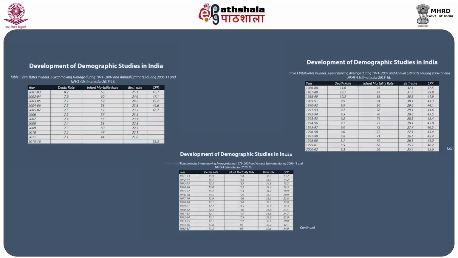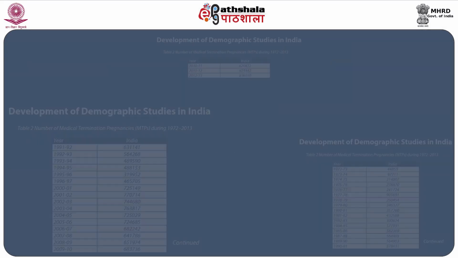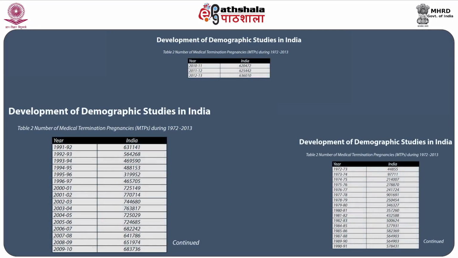Table 1 depicts various vital rates in India, 3-year moving average during 1971 to 2007 and annual estimates during 2006 to 2011 and NFHS 4 estimates for 2015-16. Similarly, Table 2 provides the number of medical termination of pregnancies (MTPs) during 1972 to 2013.